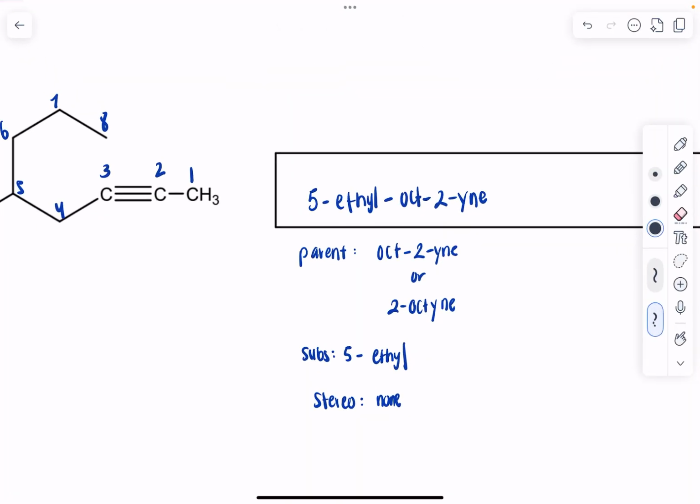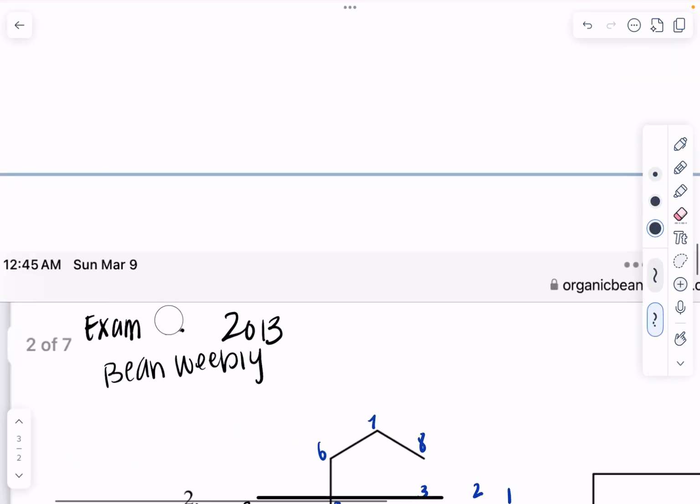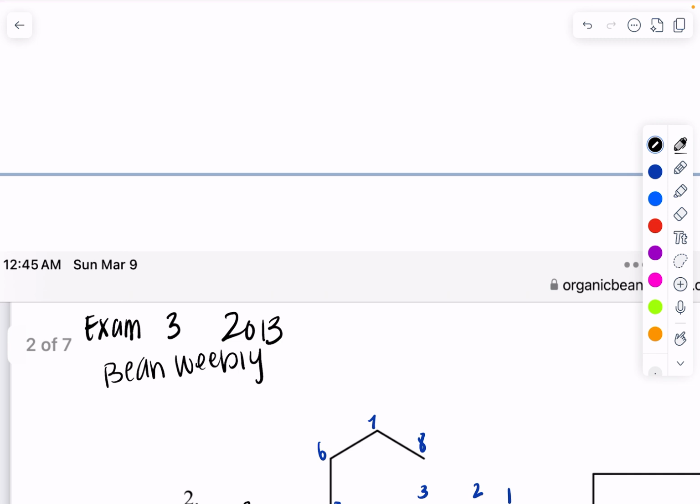This was actually from exam 3, 2013. I definitely forgot that you don't really learn this until the last midterm. So that's also why I had it wrong. So this is from 2013.